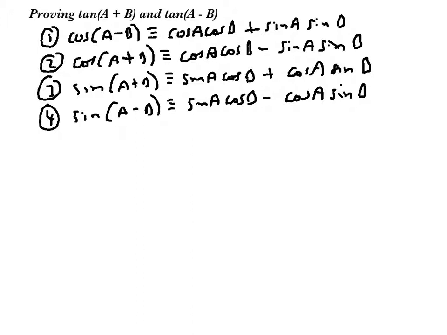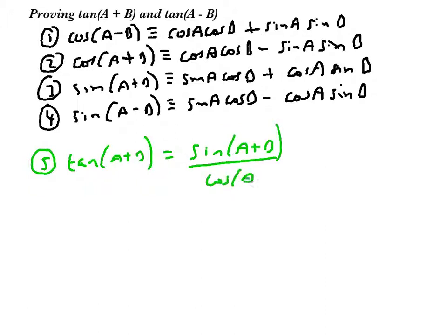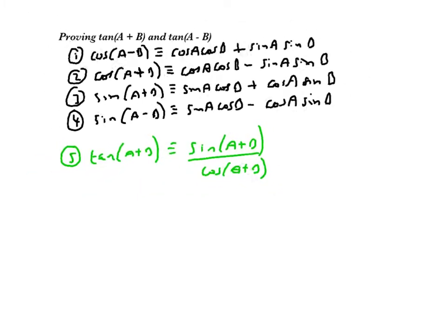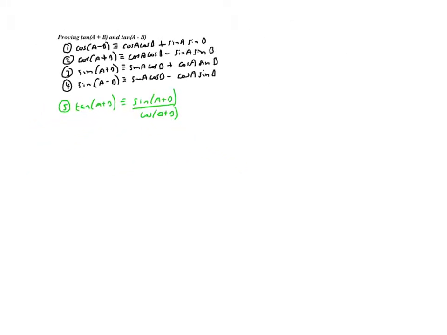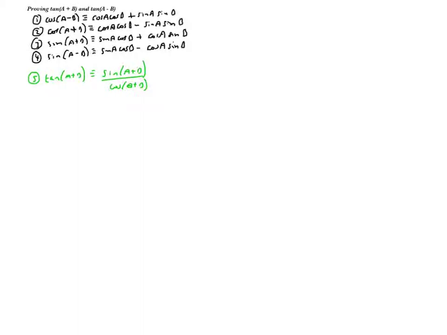So if I start with trying to find tan(A + B), I need to recognize that this is sin(A + B) over cos(A + B). And then from here I can use my results, I'm looking at number 3 and number 2.